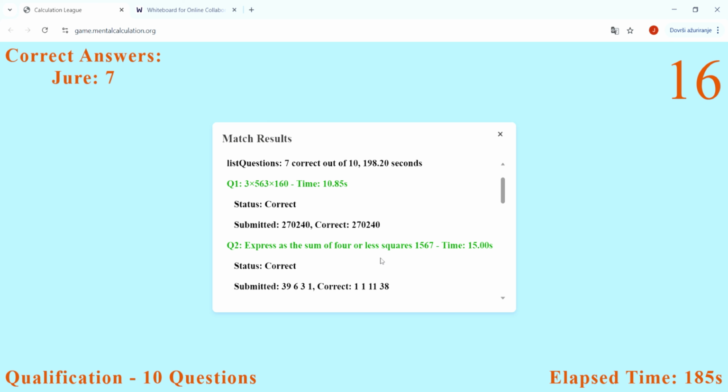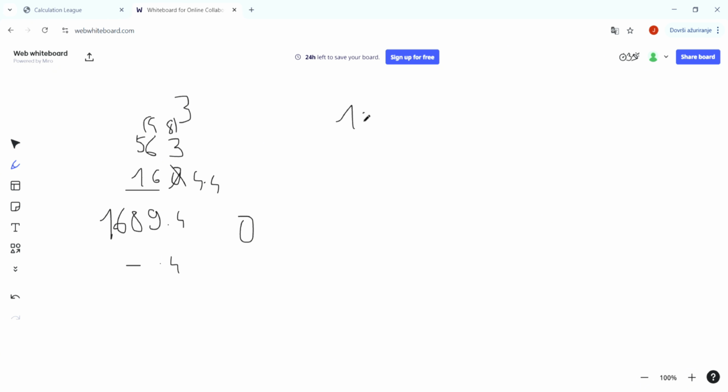Sum of 4 or less squares. I'm still not so good in this type of tasks, like I'm practicing them, but the way I do that is, especially when it's just a 4-digit number, a low number of digits. So I know that 39 squared is 1521. So 1567.